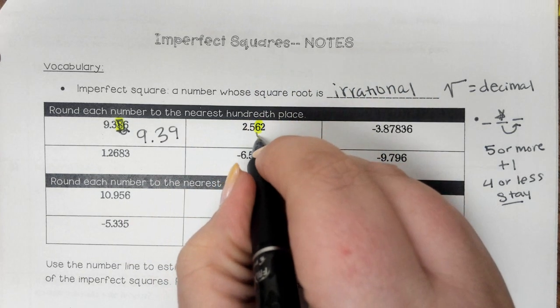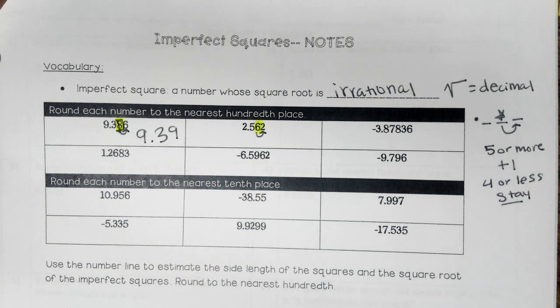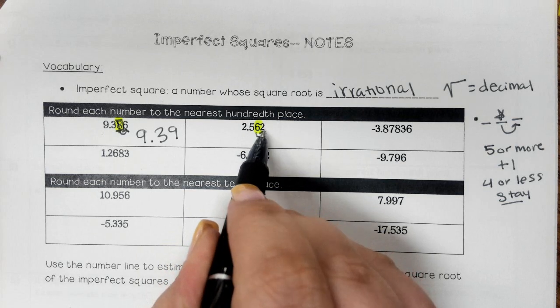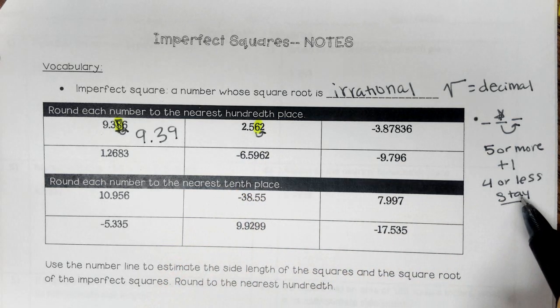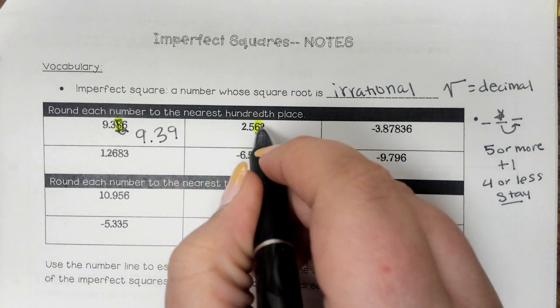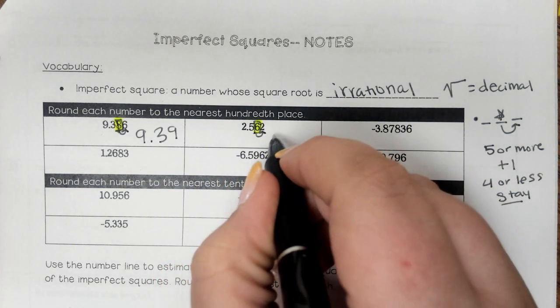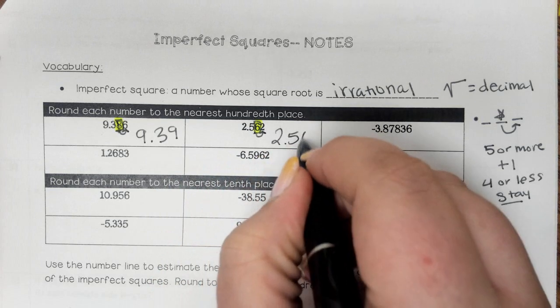We look at the number behind that to decide whether we should round up or stay the same. The number behind it is a 2. 2 falls in the 4 or less. So we're going to just stop at the 6, and we're not going to add anything to it. It'll just stay 2.56.